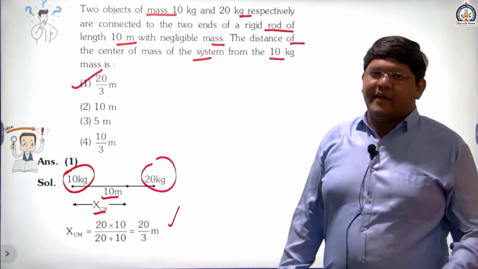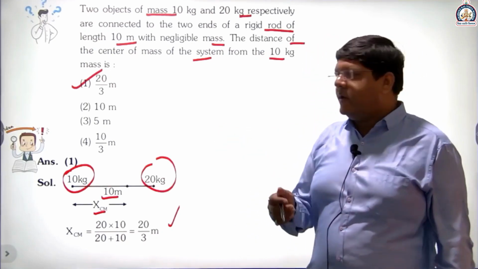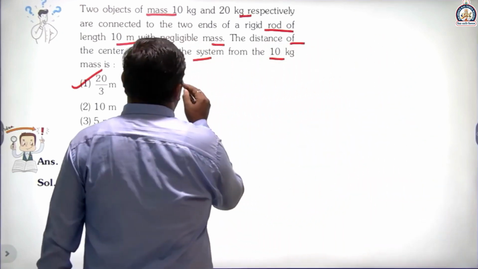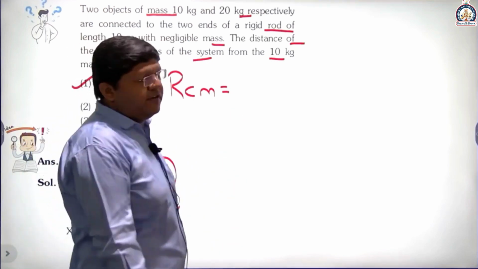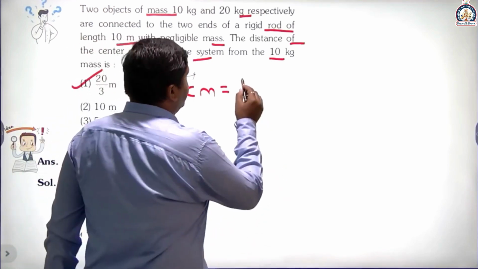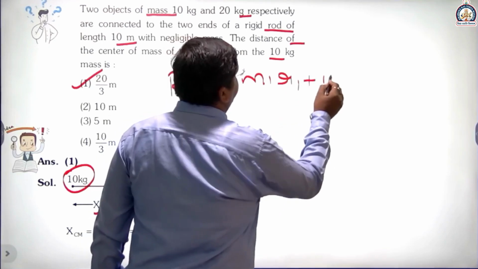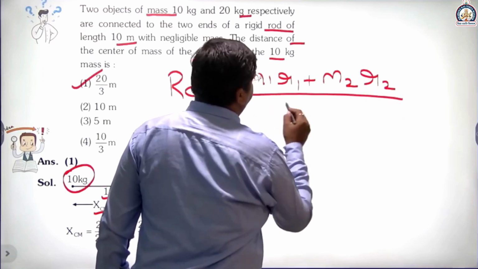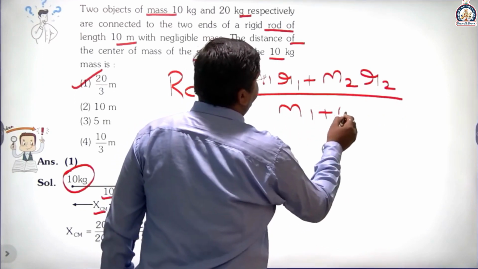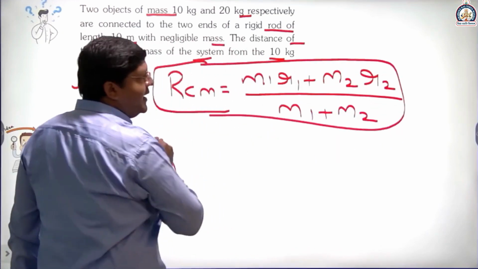As we all know, we can calculate the center of mass by the simple relation m r. Suppose we have to calculate r cm. r cm is generally the formula for center of mass of a two particle system. Suppose there are two particles, first having mass m1 and distance r1, other having mass m2 and distance r2, divided by total mass, that is m1 plus m2. This is the formula for center of mass of a two particle system.